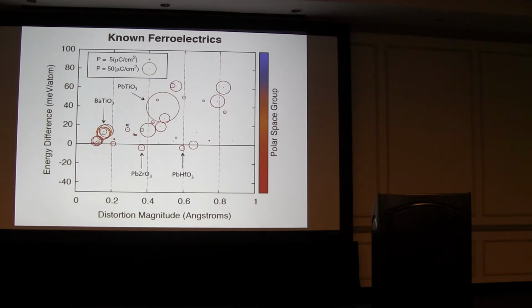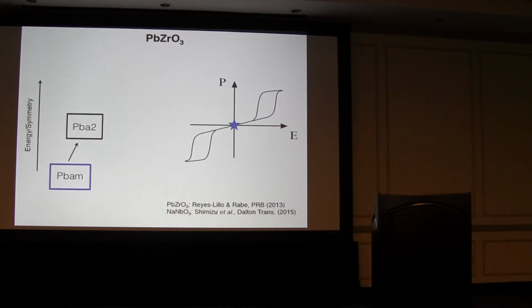However, this is not exactly what we're looking for in an antiferroelectric. For instance, for lead zirconate, if you have a negative energy, that means that the polar structure is higher than the non-polar. And this is likely to be the polar structure that you find for small electric fields in the hysteresis loop.